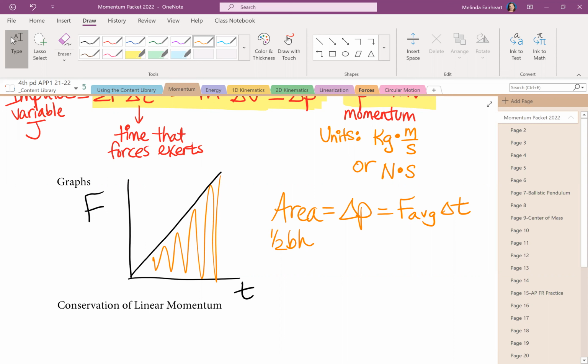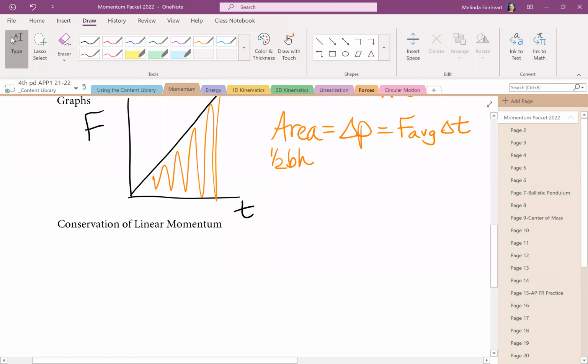Slope wouldn't really be anything. It would be the rate at which your force is changing. We don't really have a name for that. And then you can read it, right? So you could get a max force off of it. You could read at what time did, you know, whatever. But area would be the common thing to do with a force time graph.